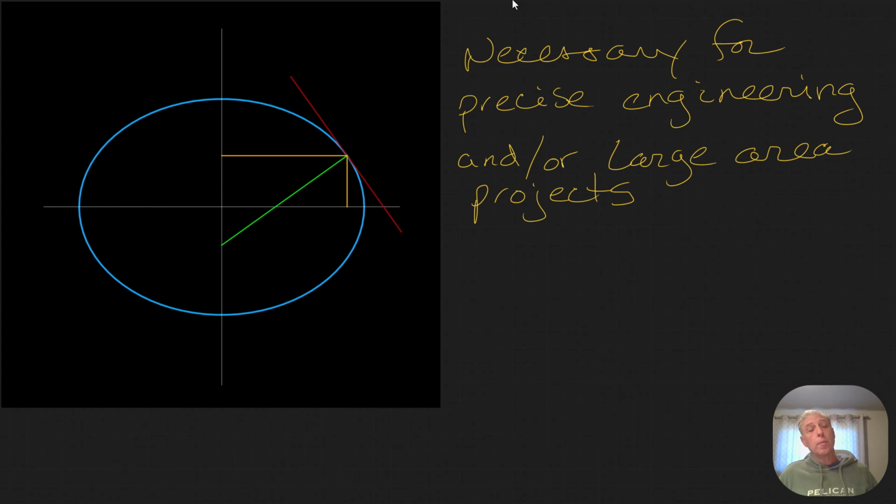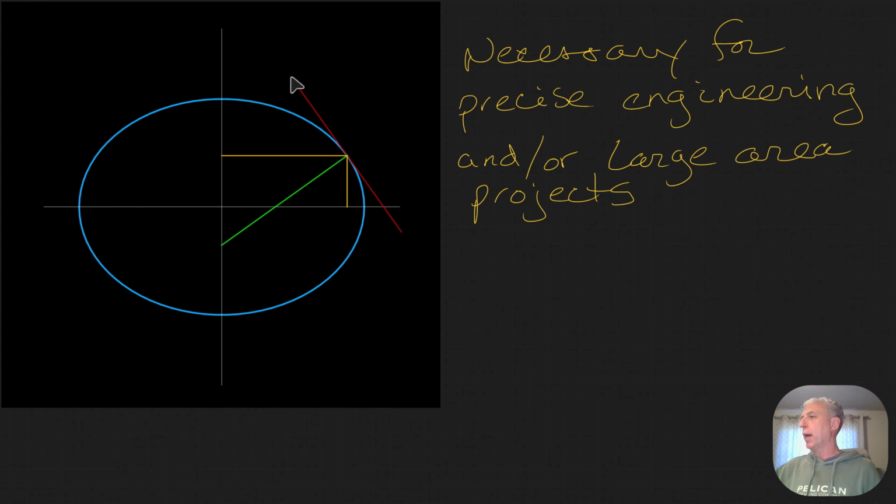The spherical model is great for resource grade mapping, for navigation, but if we're actually going to engineer a project such as an airstrip or a long bridge, then we need to use an ellipsoidal model to avoid systematic errors involved with design.